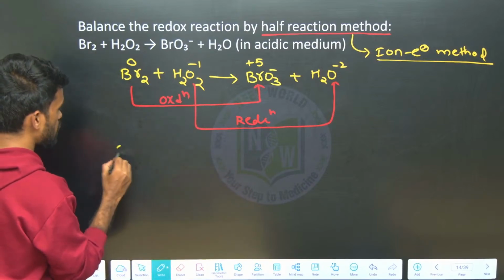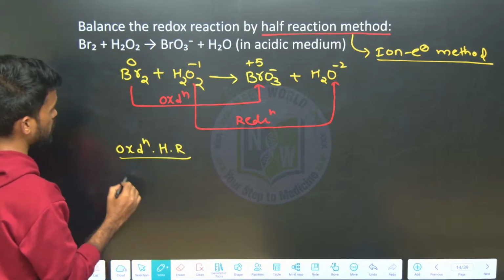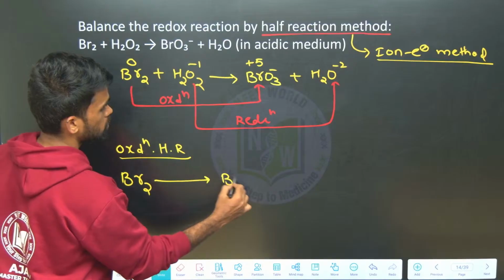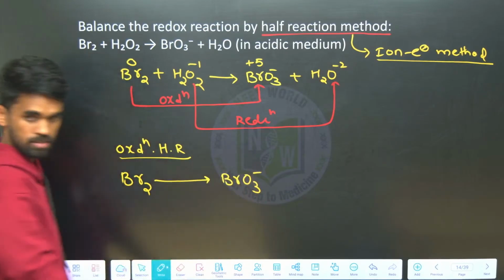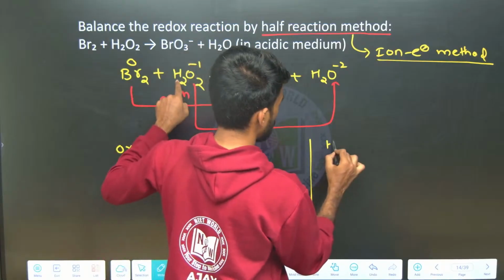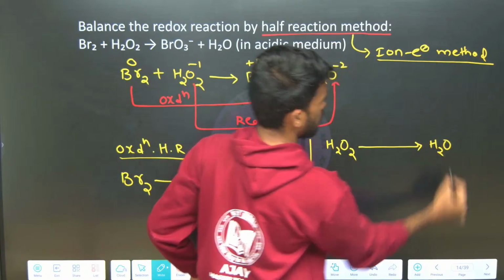So here I am writing the oxidation half reaction. Tell me what is that? Br2 converting into BrO3 minus. What is the reduction half reaction? Tell me. H2O2 converting into H2O.